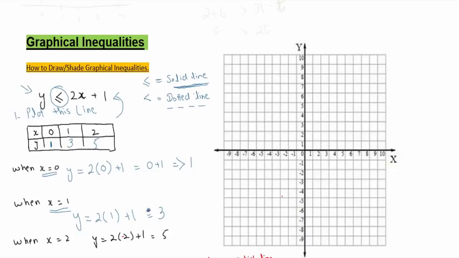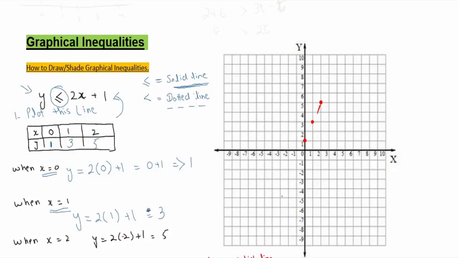So at x equals 0, y is equal to 1, so I have marked this point right here. The next is at x equals 1, y is equal to 3, so I'm going to mark this second point right here. And same like this, at x equals 2, y is equal to 5. So what I am going to do now is combine these points.